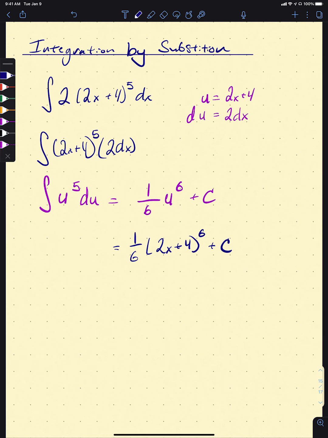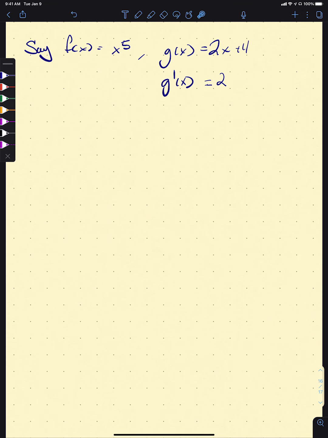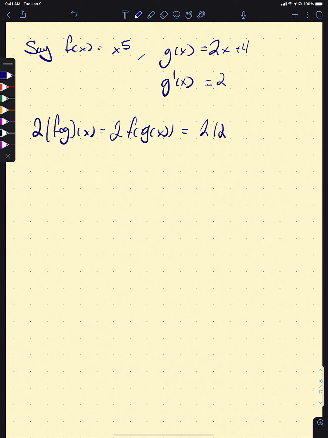Thus, this is 2 times our composition, 2 times f of g of x, which is once again our integrand from before, (2x plus 4) to the fifth.